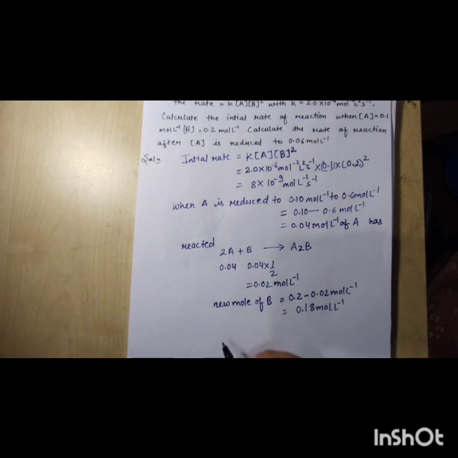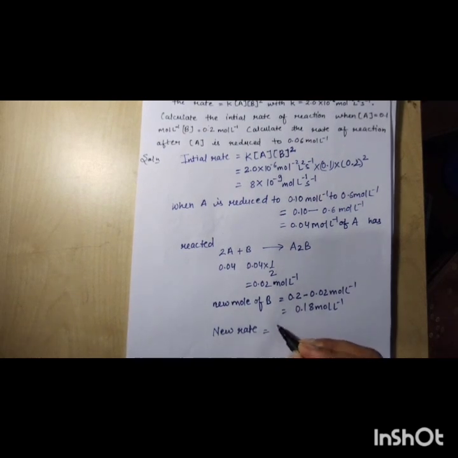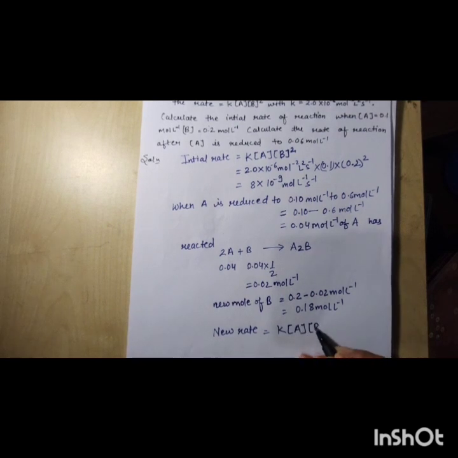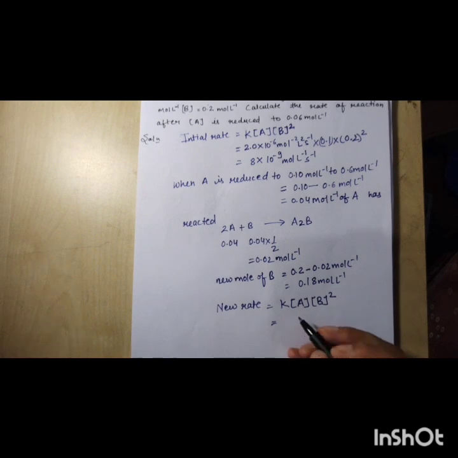So our new rate will be again K[A][B]^2. The rate constant is given as 2 into 10 to the power minus 6.